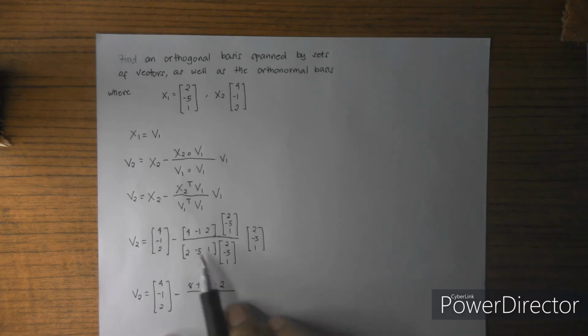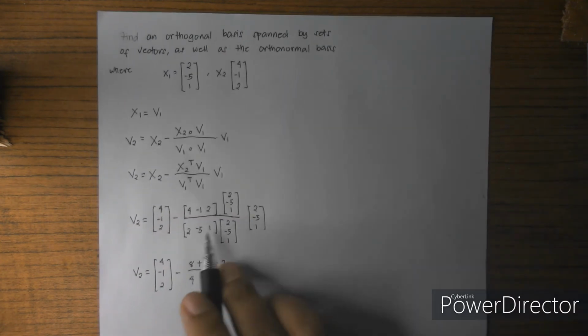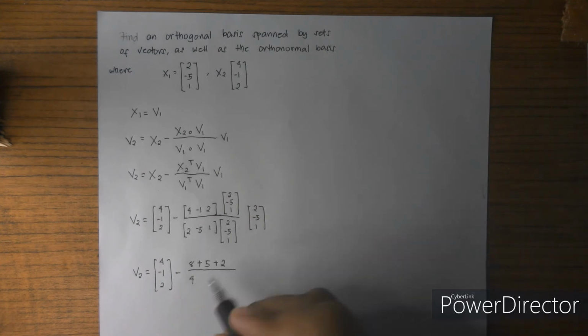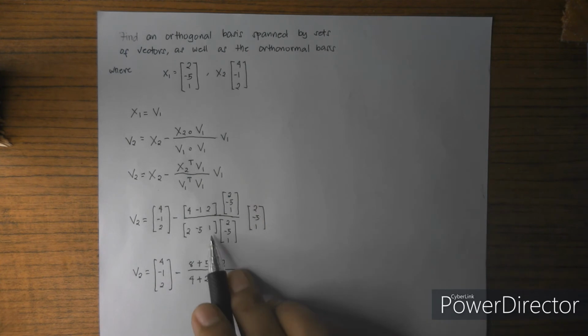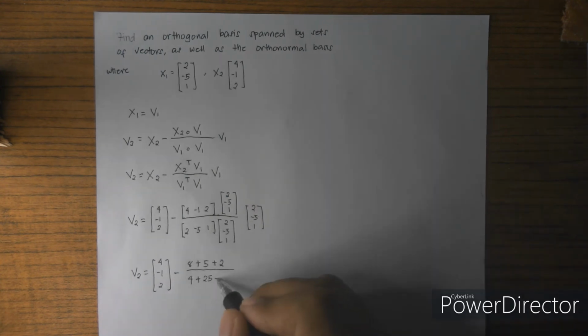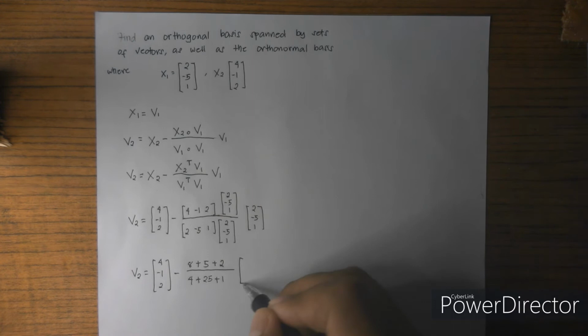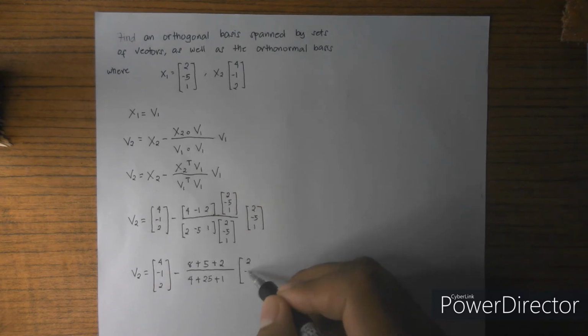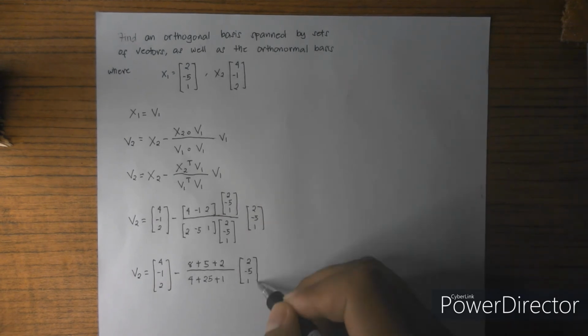Same with the denominator: 2 times 2 is 4, negative 5 times negative 5 is positive 25, 1 times 1 is 1, and then copy (2, -5, 1).